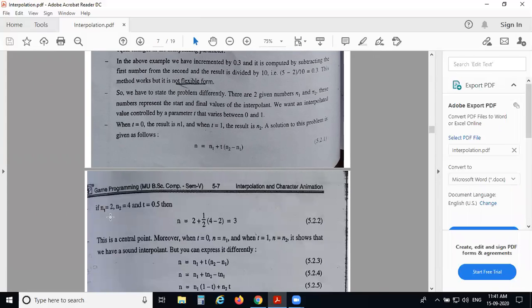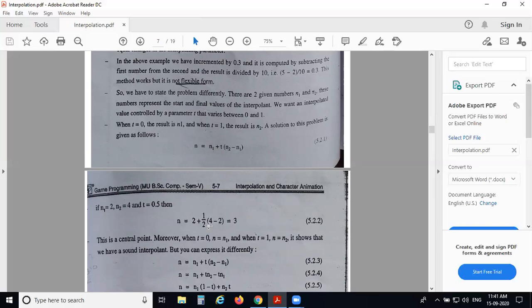For example, here the values are given, that is if n1 is equal to 2, n2 is equal to 4 and t is equal to 0.5, then n is equal to, okay, या फॉर्म्युल्यामध्ये या व्हॅल्यूज पुट केलेल्या आहेत, that is n1 means 2 plus t, value of t is 0.5 and it is denoted by 1/2.